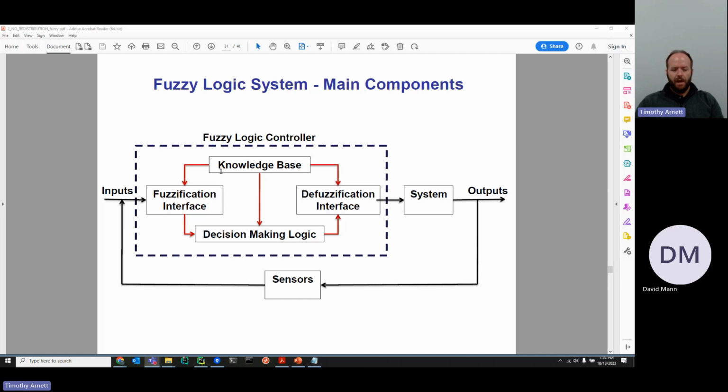You then pass those sets, those fuzzified values, through your knowledge base or rule base or inference engine that then maps those fuzzified values on the input side to fuzzy sets on the output side, or some action on the output side, I should say, some region in your output space.